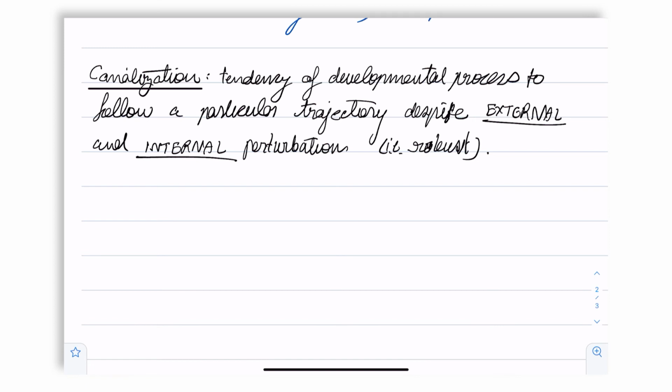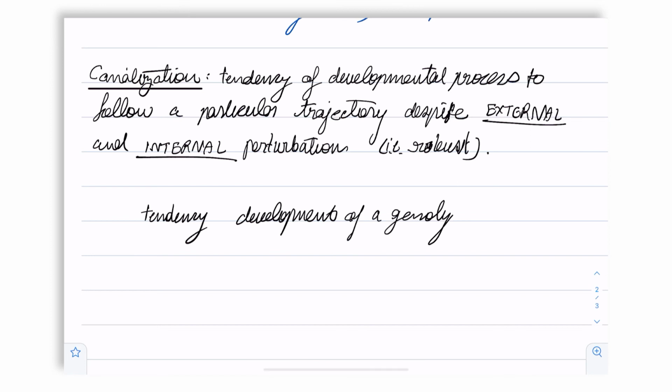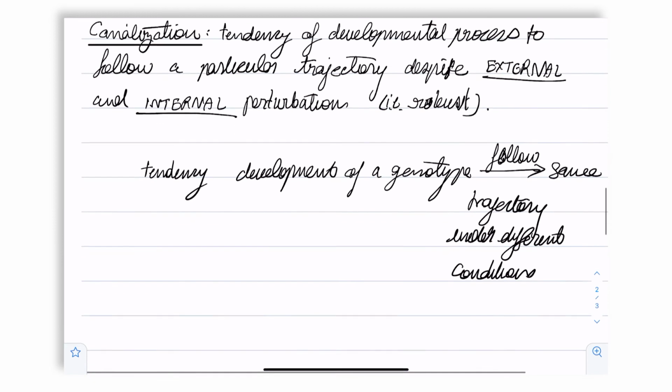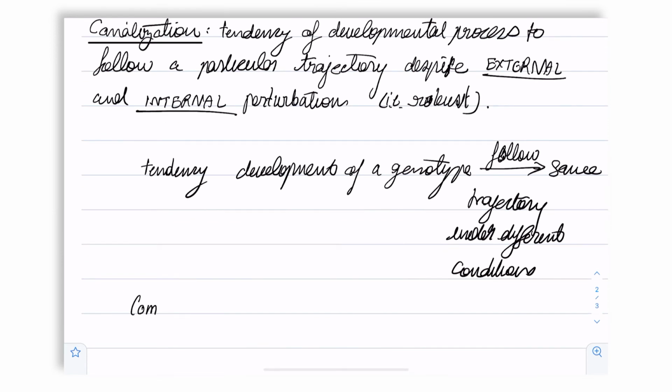The idea is that the tendency for development of a specific genotype to follow the same trajectory under different conditions suggests that there is some common law underlying it.